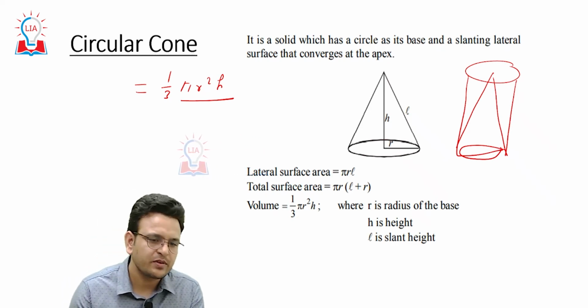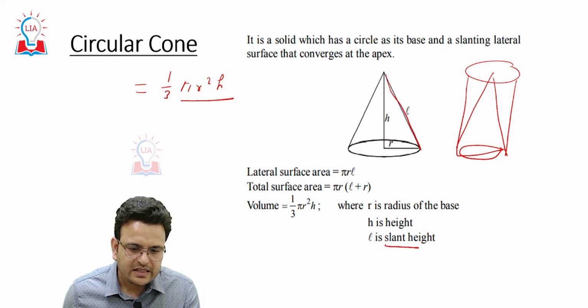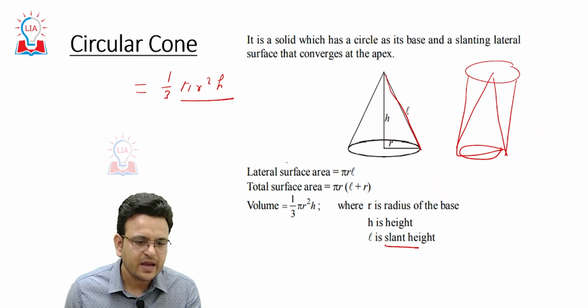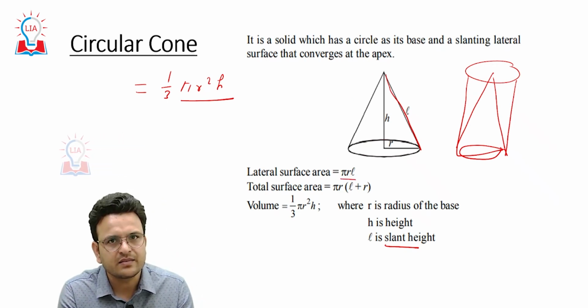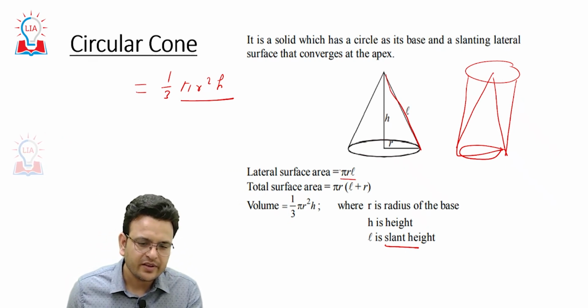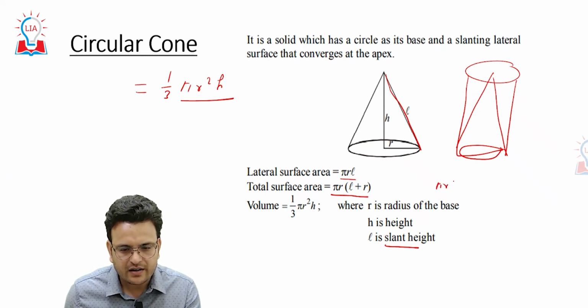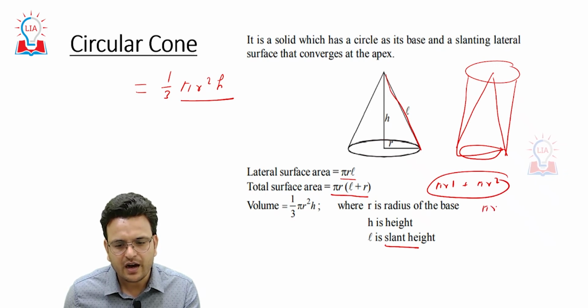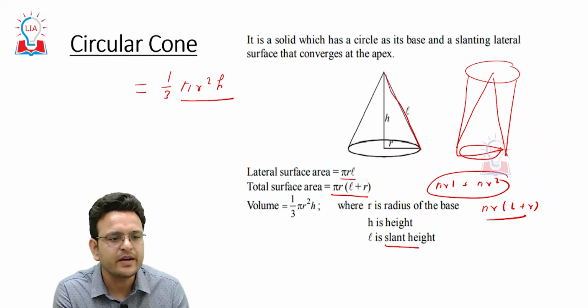That you have to remember. And this L is the slant height. Second thing, when we talk about lateral surface area, it is pi r L. That formula also you have to remember. And third thing is total surface area, pi r L plus pi r square. Pi r we can take common, so pi r into L plus r.